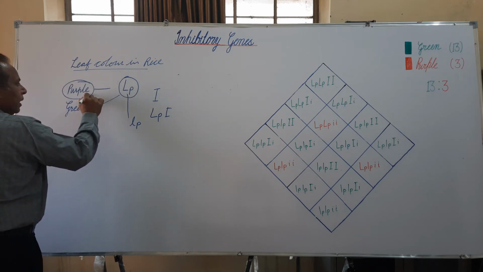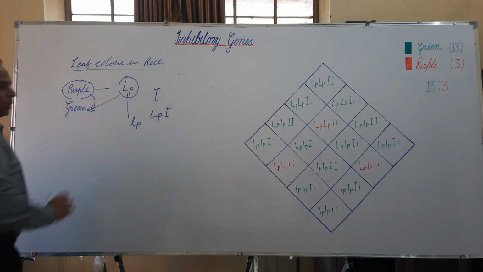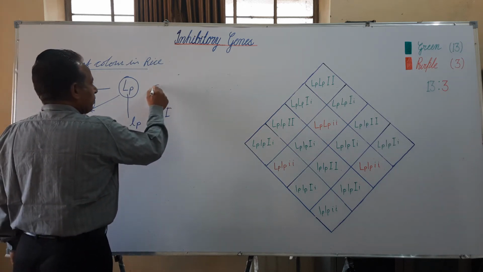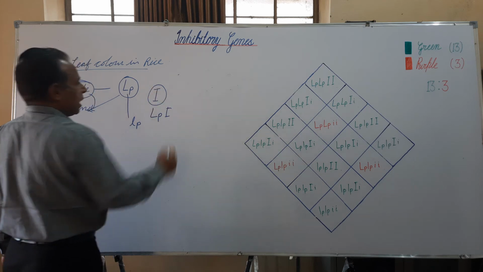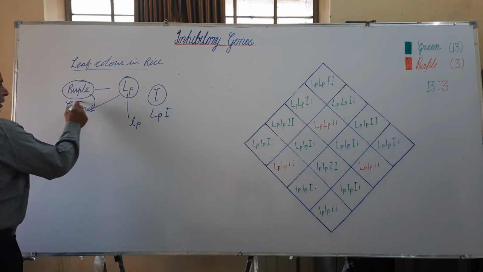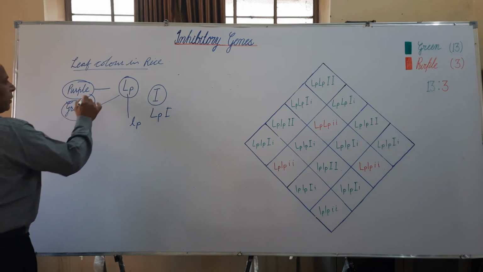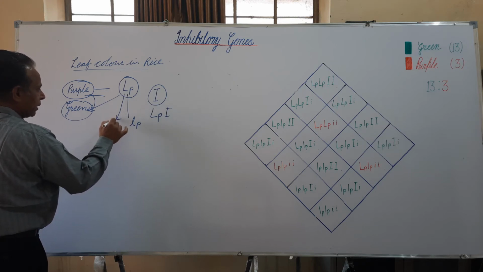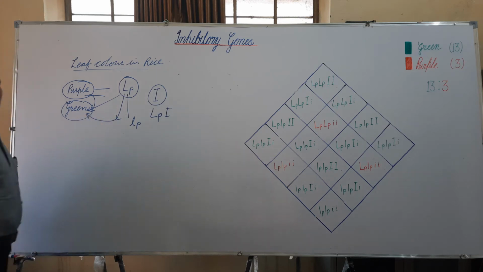Instead of the purple, the leaf becomes the green. So when the I is present, the leaf color is always green, because in recessive condition of LP also it gives rise the green color of the leaf.